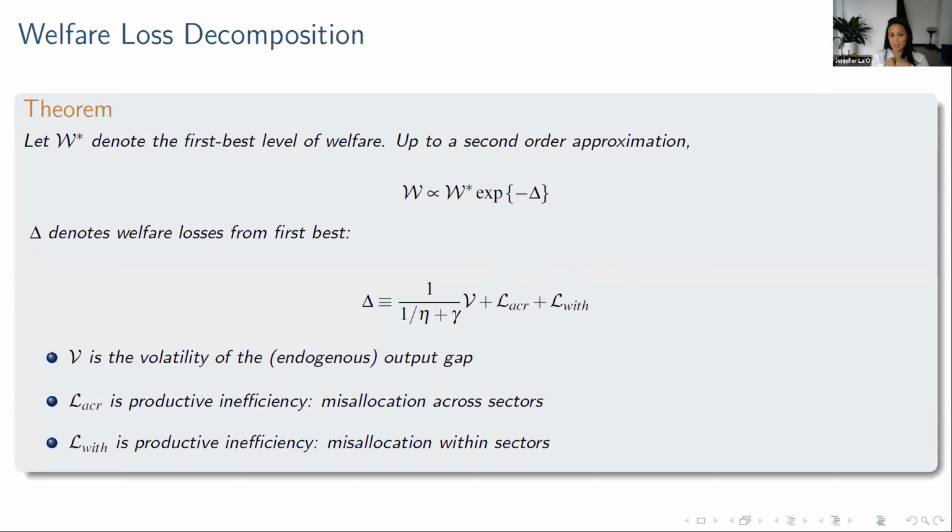Then it depends on what the average pricing error is in your sectors relative to what it should be under flexible prices. It's related to the covariances between those and how big these sectors are. So that's this term, which is not as intuitive for me as the first term.